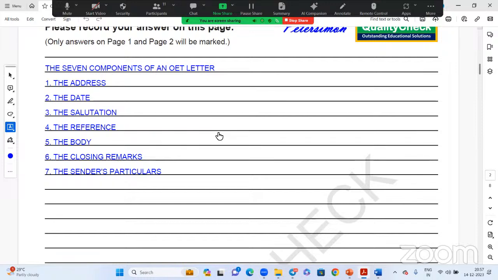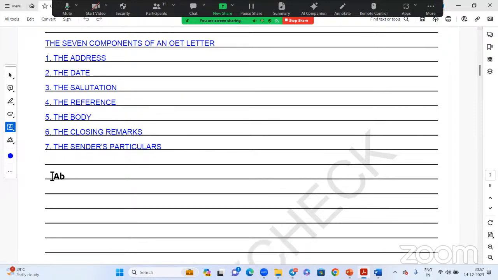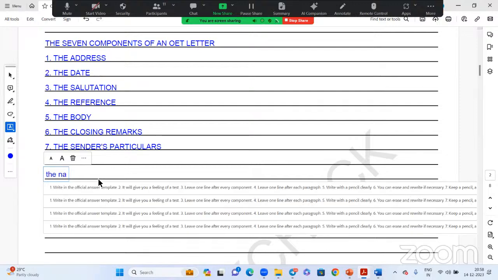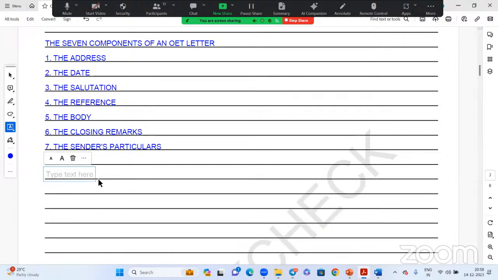So now address, date, salutation. Now let us see the address. What are the components of the address? You have 5 different things. 1. The name.